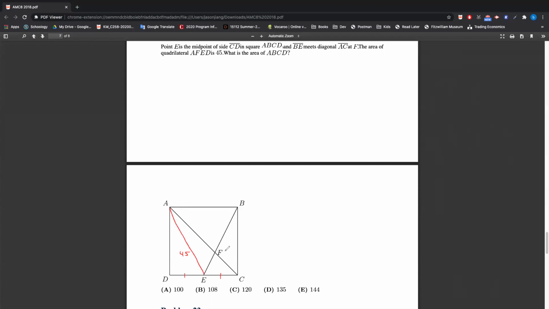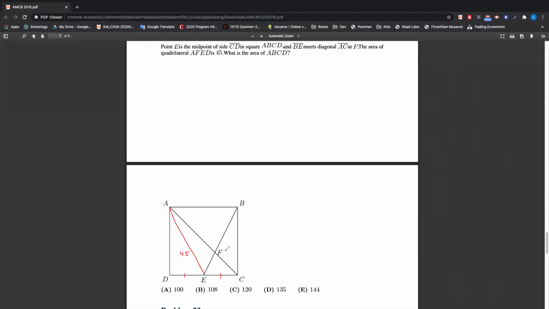Does anyone have any ideas for what we could do? Like maybe what lines we could draw, what heights we could do, like altitudes that we could draw? If not, I'll continue.